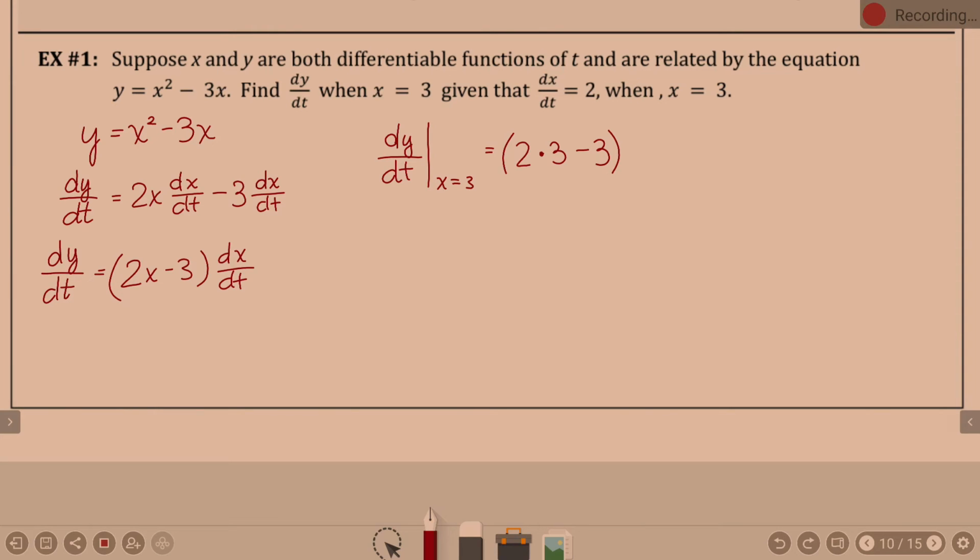What do we know about dx/dt? It equals 2 when x is 3. It's the given information. In other words, I'm using the fact that x equals 3, dx/dt equals 2. Do some math. 6. I wouldn't distribute, I would just do the stuff inside.